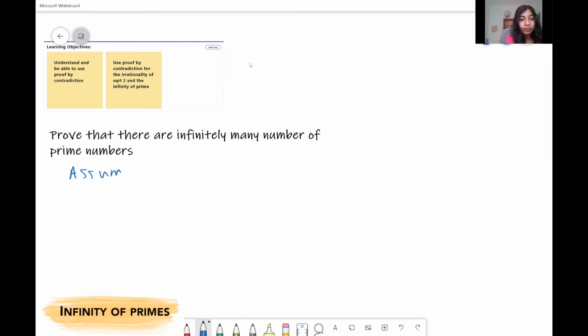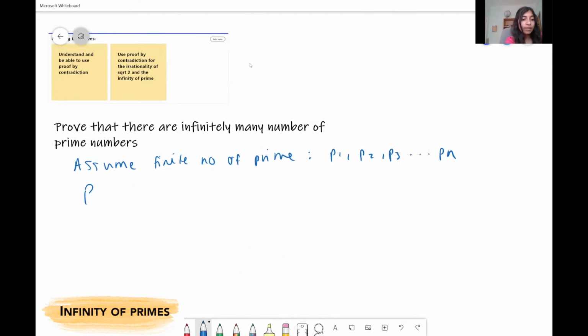So you could write them out as P1, P2, P3, all the way to Pn. And then let's say there's another number, P, and that's equal to the multiplication of all the prime numbers, P1, P2, P3, all the way to Pn, then plus 1.